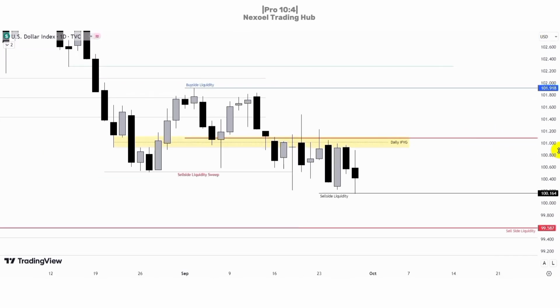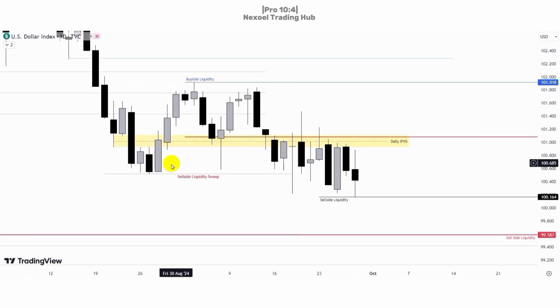So here in the daily time frame, we identify how price has been moving within this range, and then we identified this daily inversion fair value gap. Price returned, mitigated, pushed to the upside, broke through it, returned and retested. So we saw this price candle on Friday, and this was the highest high that price created.